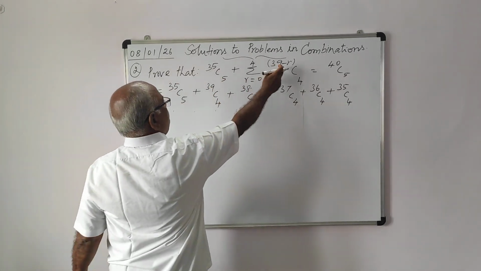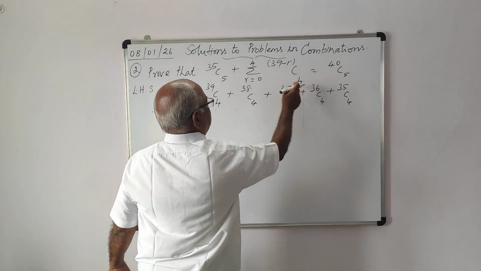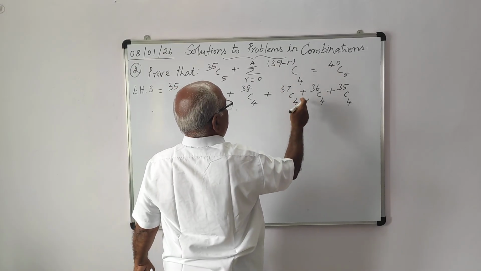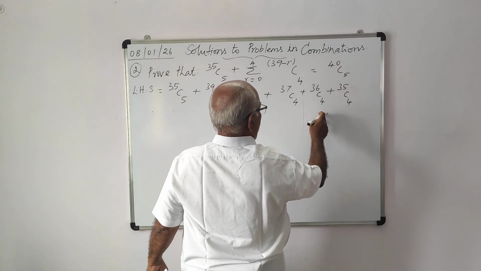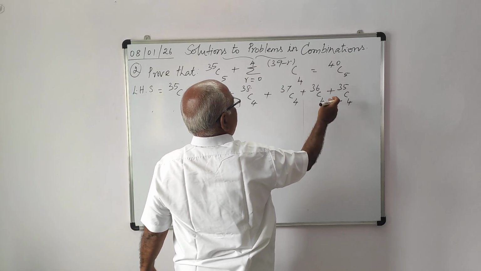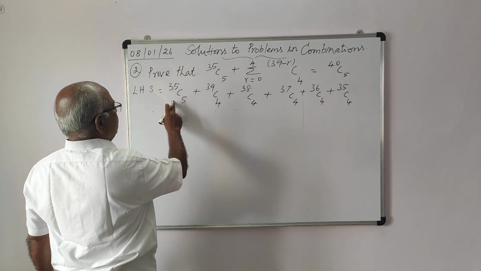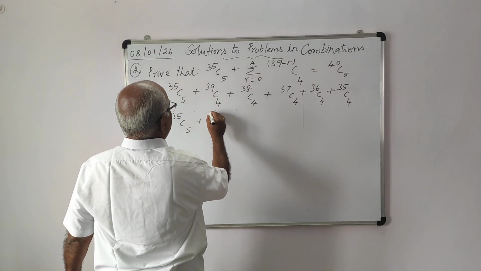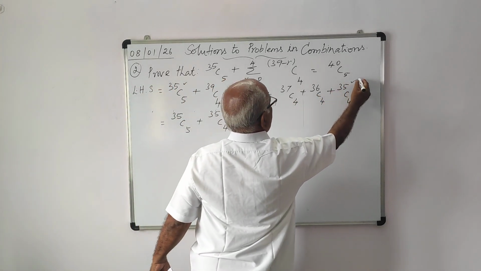If you put r equal to 0, 39C4; r equal to 1, 38C4; r equal to 2, 37C4; r equal to 3, 36C4; and finally r equal to 4, 35C4. Now consider the first and last term, 35C5 plus 35C4.